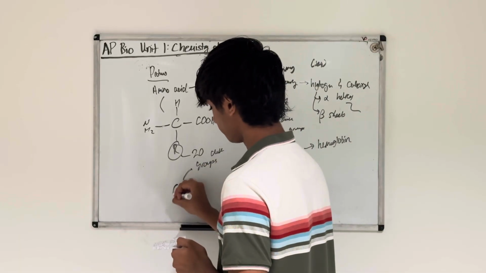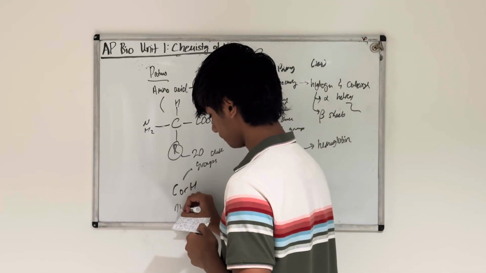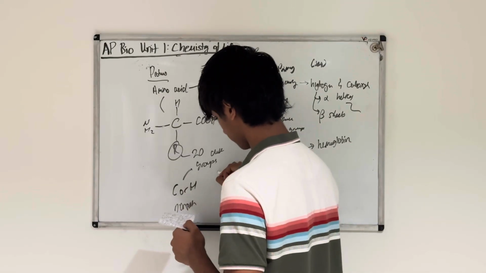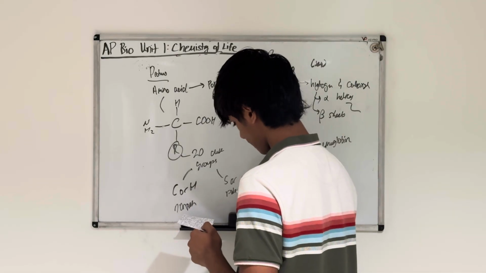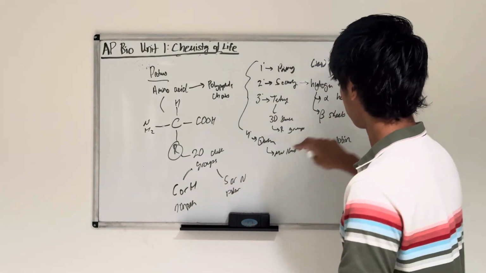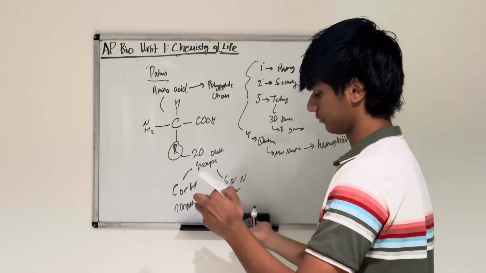If you have a carbon or hydrogen group in this R group, you're going to be nonpolar. But if you have a sulfur or nitrogen, you're going to be polar. These R groups are what change the second, third, and fourth structure. They affect how the protein folds.